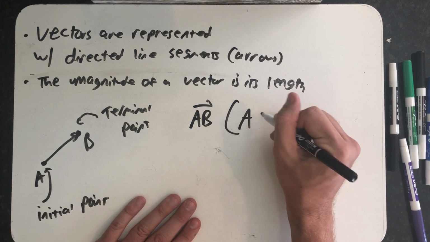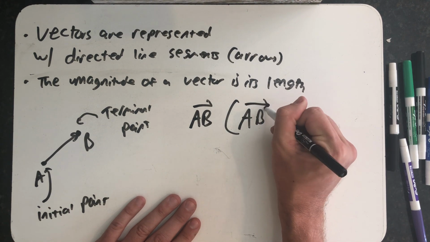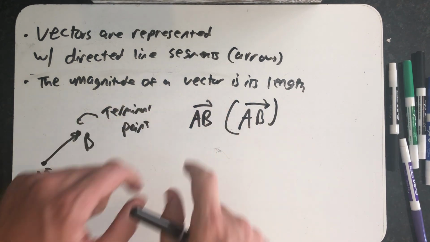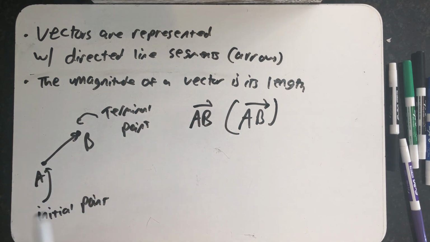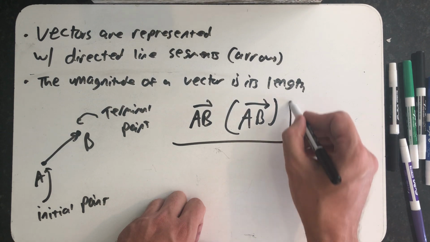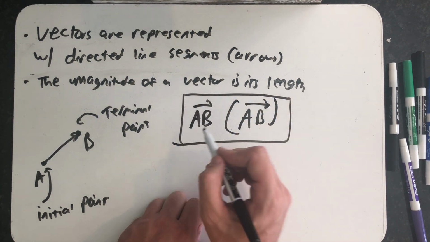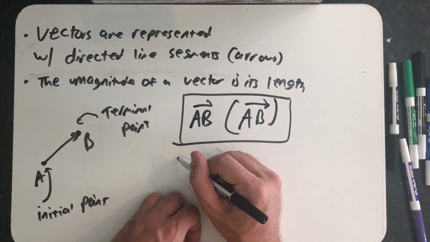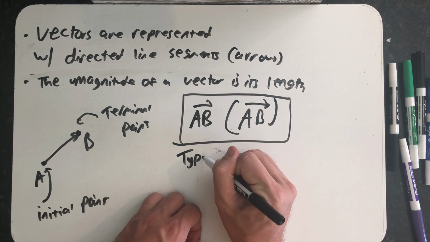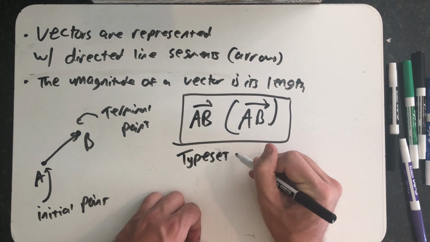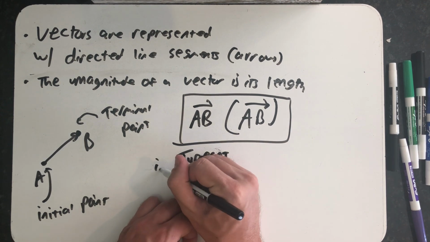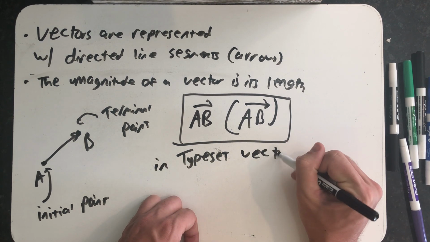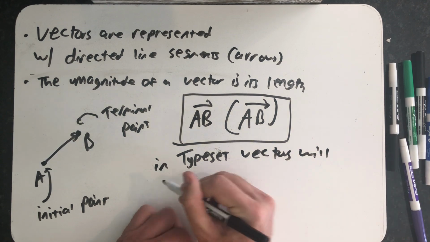Sometimes you'll see people draw a very nice full arrow on top, but traditionally a vector hat only has the one side of the arrow because we can draw that in one pencil stroke. All right, so this is how we write down a vector. The vector that points from A to B is the vector AB. When you see these printed in your book in typeset, vectors will be bolded. So in typeset, vectors will be in bold.